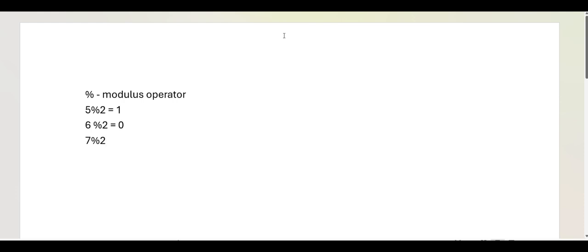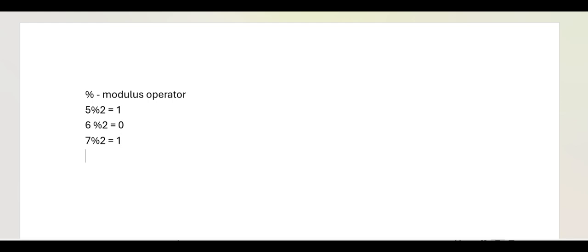What would that leave us with? 1. Because 7 divided by 2 will give us back 3 with a remainder of 1. So 3 times 2 is 6, and we add 1 to get the 7. All right, so it cannot divide evenly into 7. Okay?